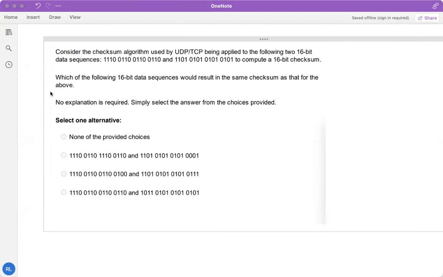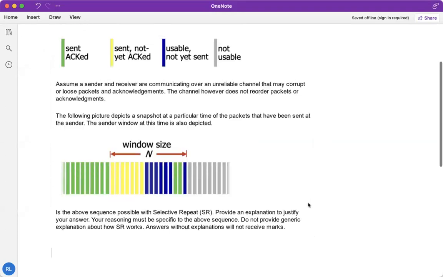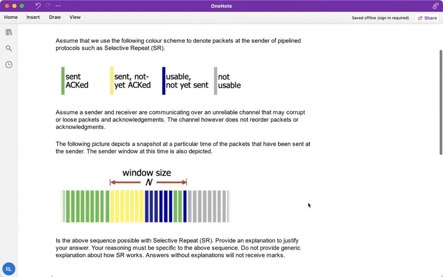We will go through the calculation later when we cover that part. Yeah, have a look at this one.